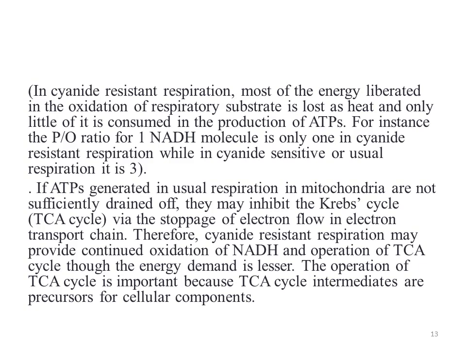In cyanide resistant respiration, most of the energy liberated in the oxidation of the respiratory substrate is lost as heat, and only a little of it is consumed in the production of ATP. For instance, the PO ratio for one NADH molecule is only 1 in cyanide resistant respiration, while in cyanide sensitive or usual respiration it is 3.